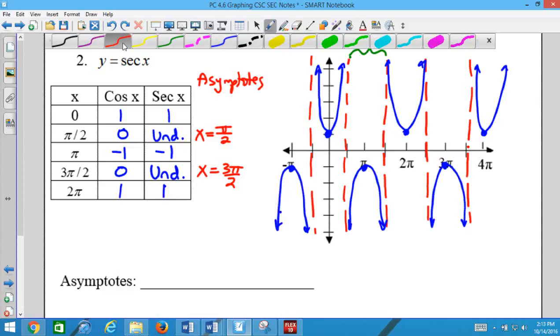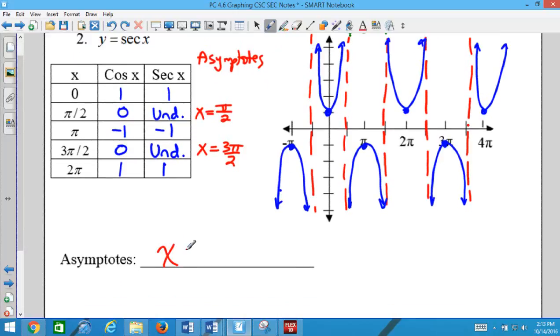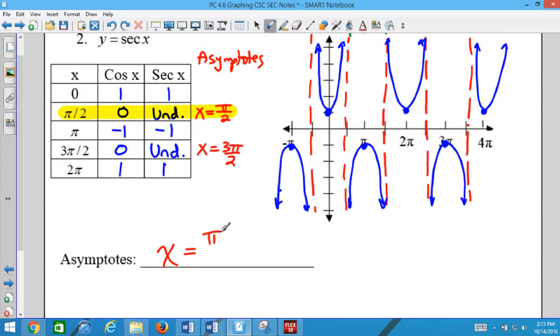I'm going to write my asymptotes knowing that they're always x equals. And the first one that I have on my chart is pi over 2, so I'm going to write that first. And then from there, we are adding on an amount of pi, so any amount of pi, as long as k is an integer.